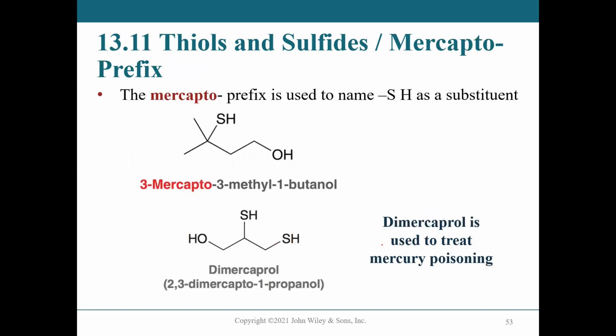The mercapto prefix is used to name the SH as a substituent. So 3-mercapto-3-methyl-1-butanol.